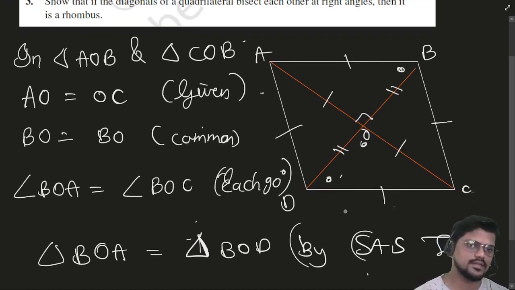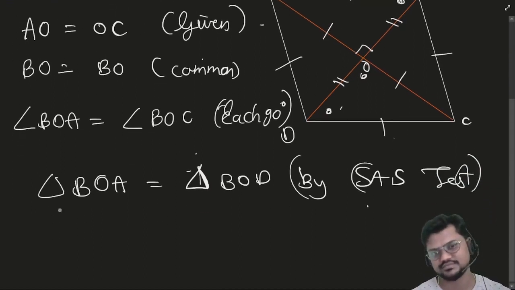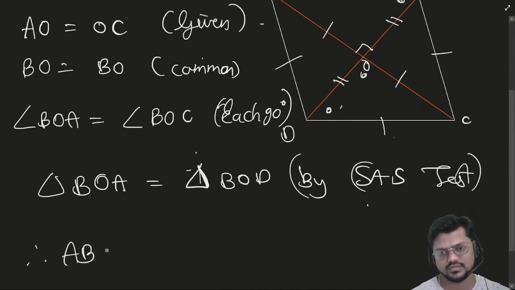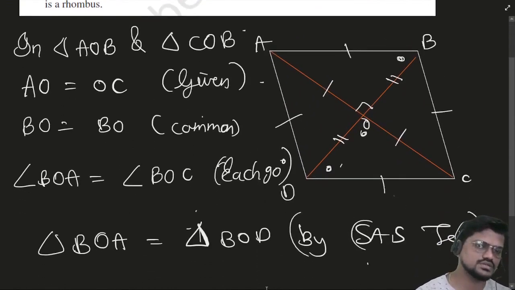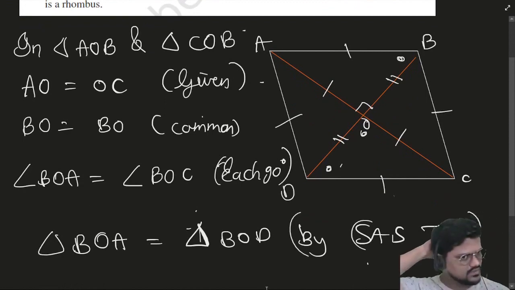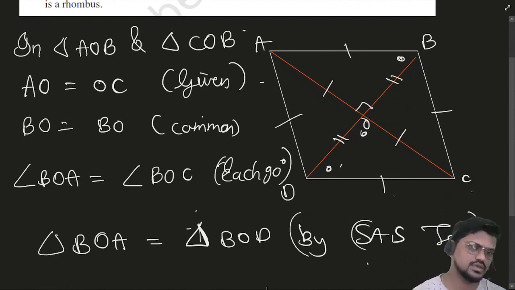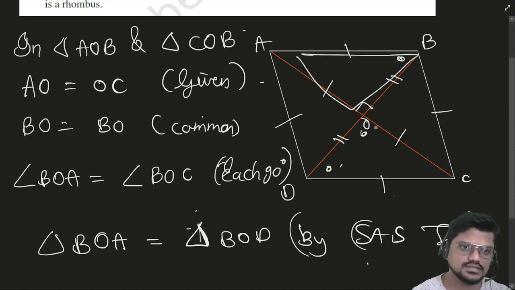AB is equal to BC, corresponding parts of congruent triangles. No, AB is already equal to DC, but that is for the other two triangles. We are not considering that; we have taken this triangle and this triangle.